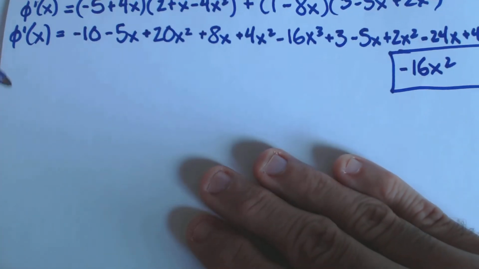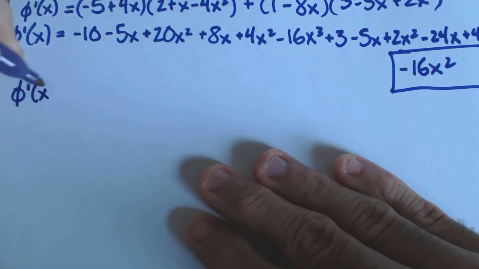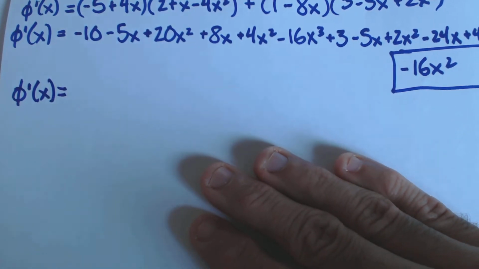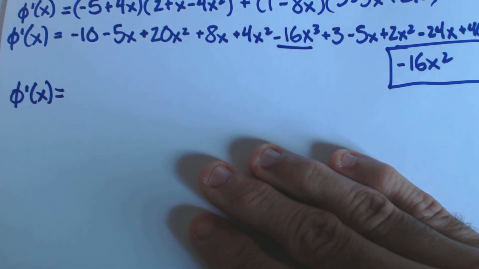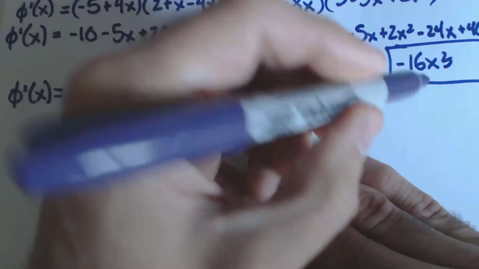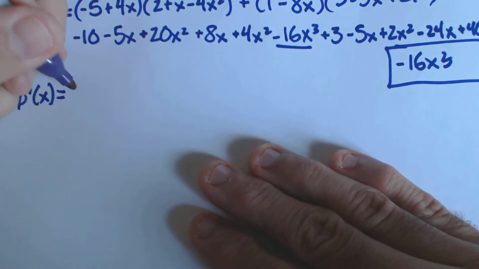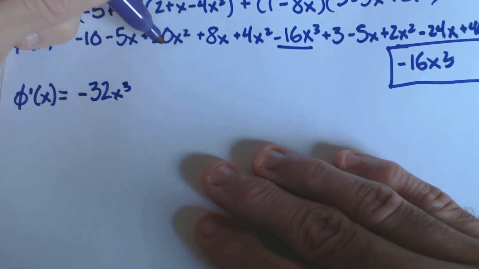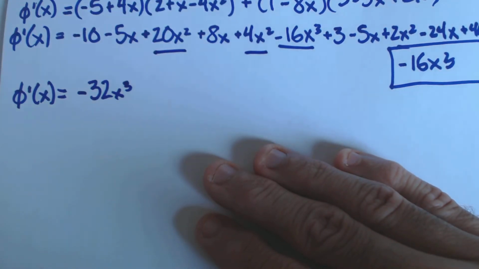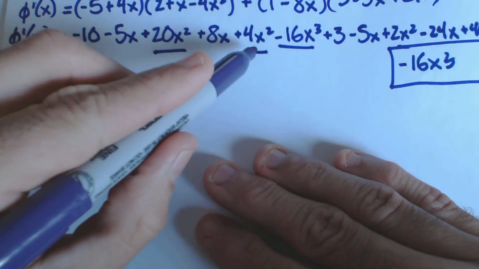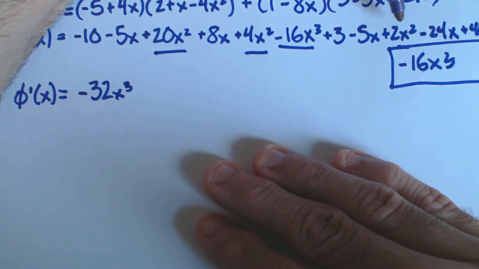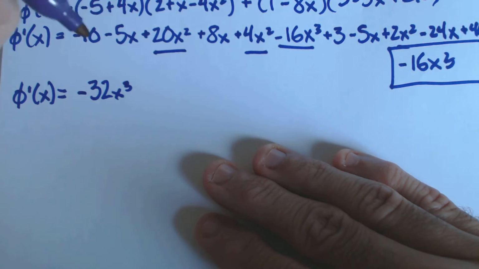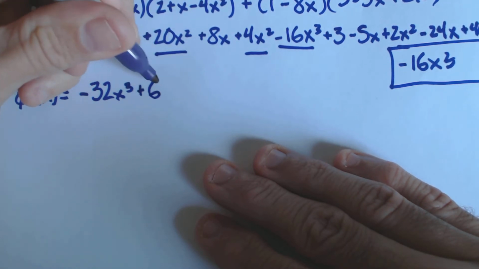Okay, so now let's combine like terms. Let's look at the cube terms first. We have negative 16x cubed minus 16x cubed over here, so that's negative 32x cubed. Alright, let's look at the square terms. 20x squared plus 4x squared, that's 24x squared, plus 2x squared is 26x squared, plus 40x squared is 46.